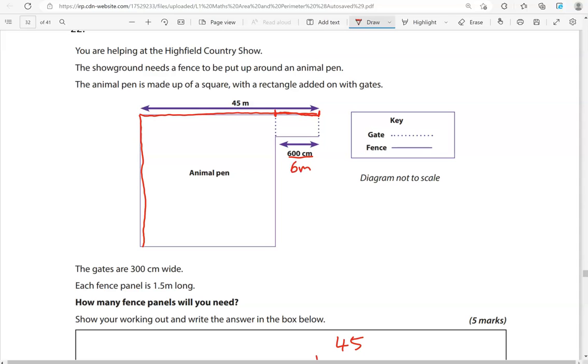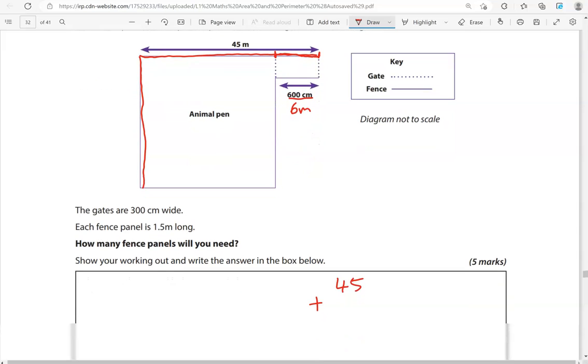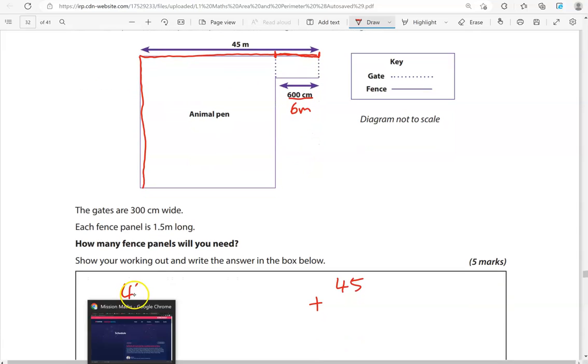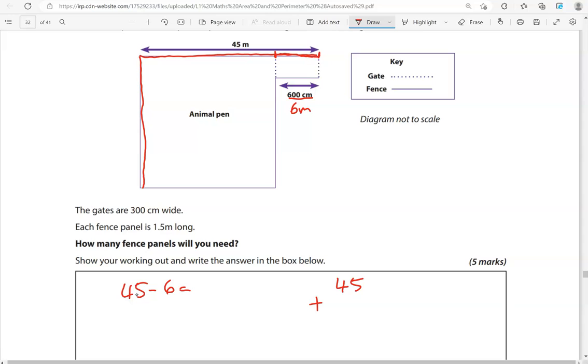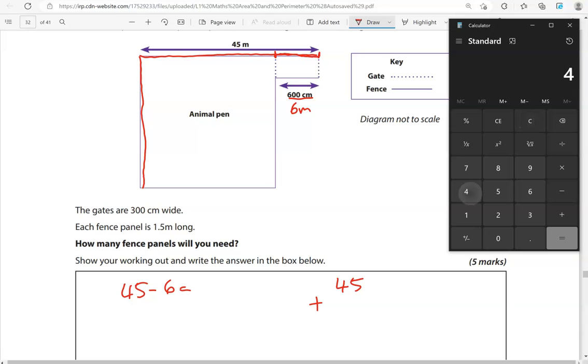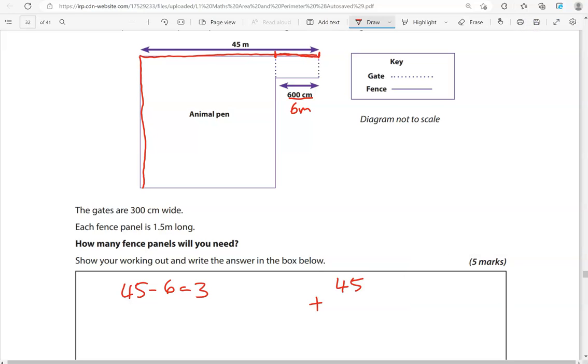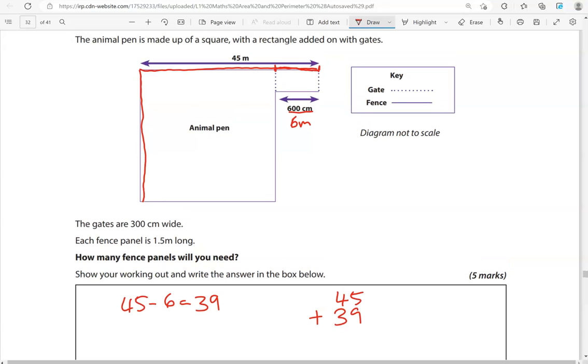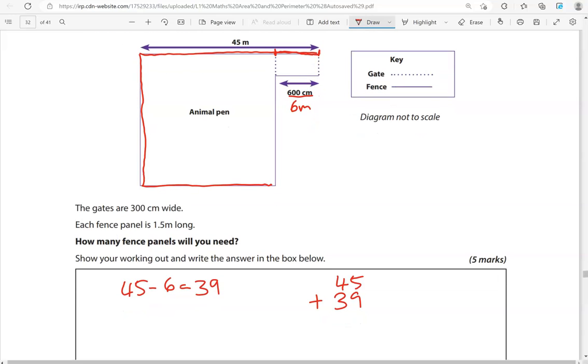So if I do 45 take away 6, gives me 39. So the width is equal to 39 meters. And so this one here will be equal to 39 as well, because it's a square.